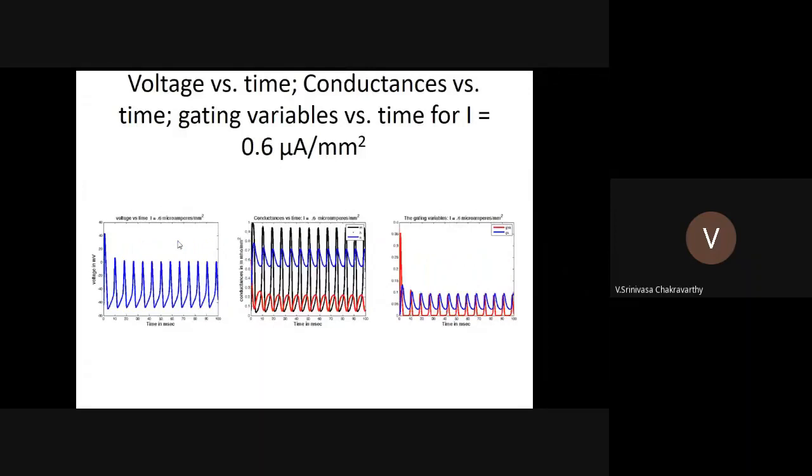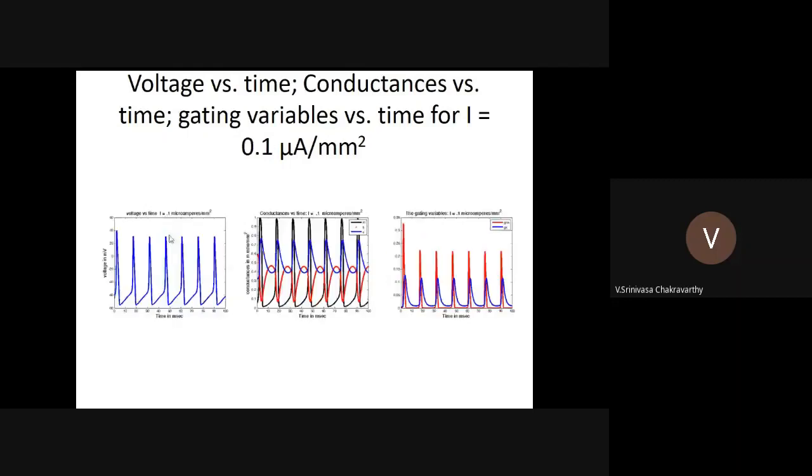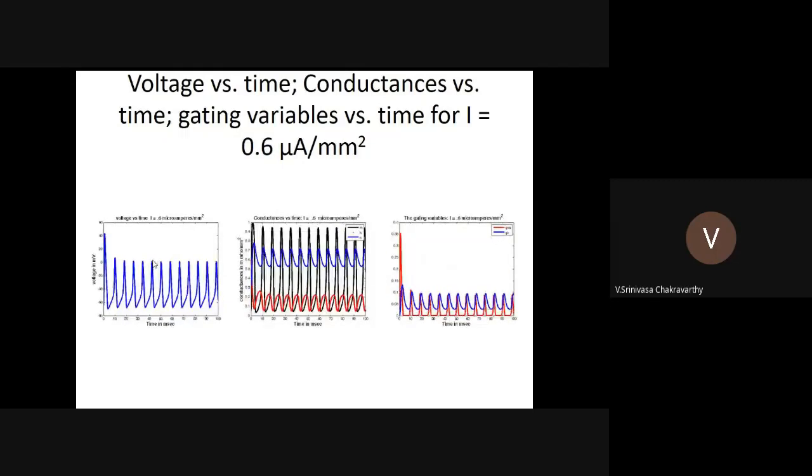But as you increase the current, here it came down to zero millivolts. And here it is close to 40 millivolts, here it came down to 30, and here it has come down to 0.